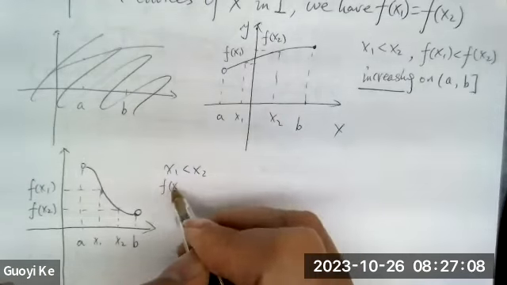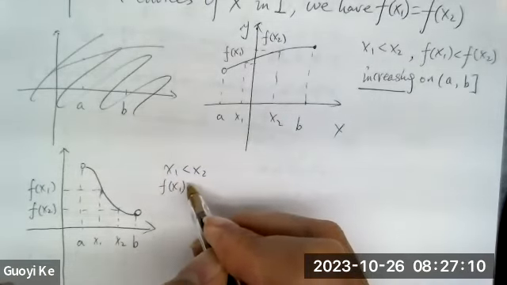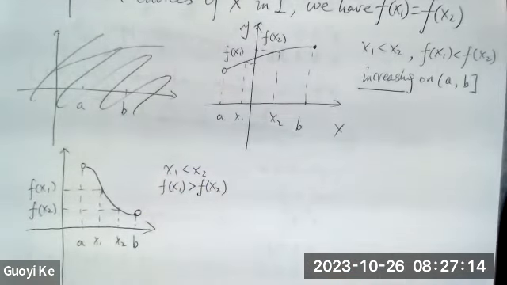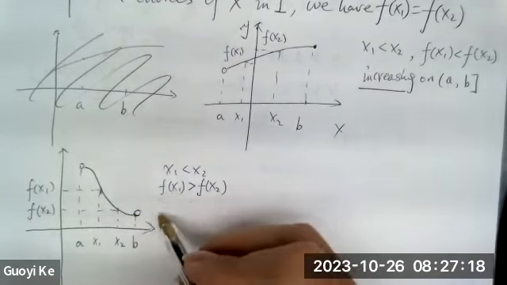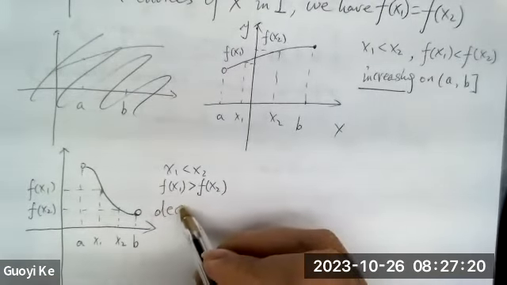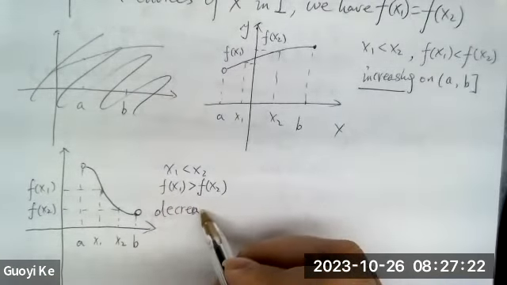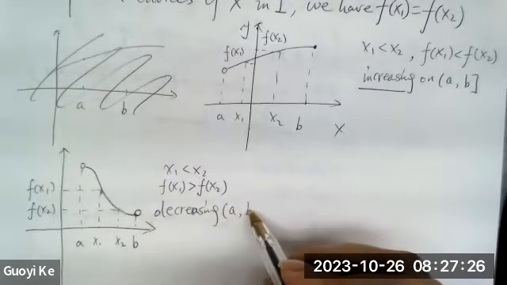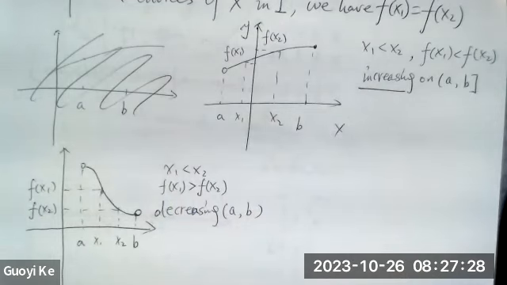However, f(x1) is greater than f(x2), right? So that means the curve is decreasing from A to B. Because here is an open circle, I will use round brackets A to B.